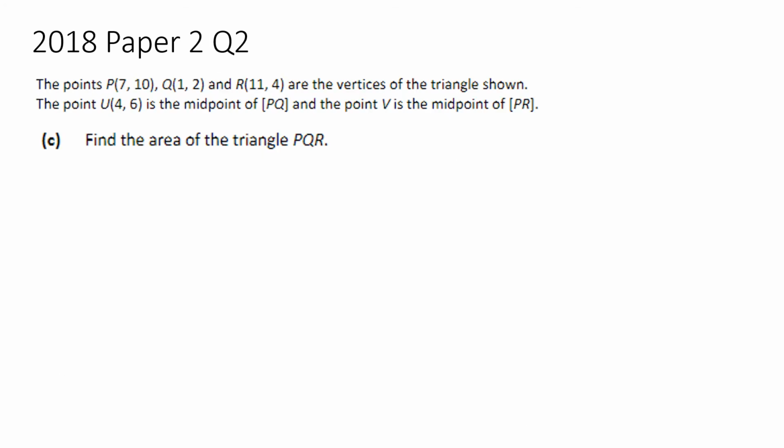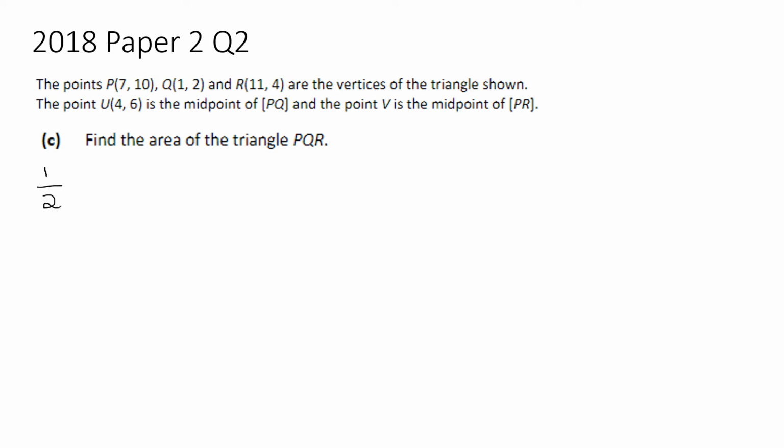For part C then, we have 3 points P, Q and R, and this time we're asked to find the area. You can use half the base times the perpendicular height, but that's not going to be applicable in this case. So you're going to have to use the area formula for a triangle in the coordinate geometry section.